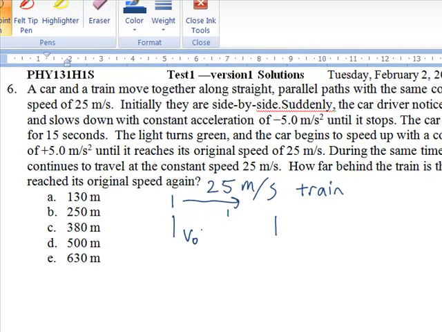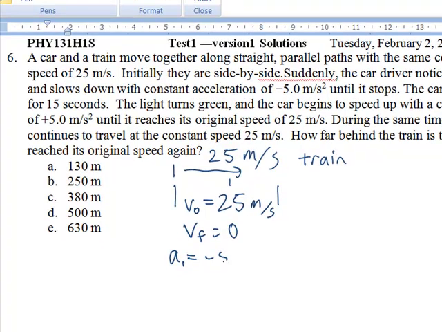Initial velocity is 25 meters per second. The final velocity is 0, because it goes until it stops, and the acceleration during this period, a1, is negative 5 meters per second squared.